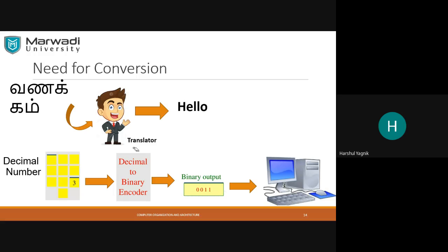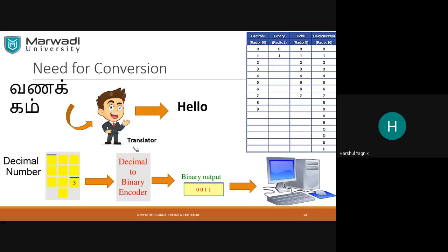So whether it is a number, an image, a video, or text in real life, finally it is stored in the computer in a binary format.